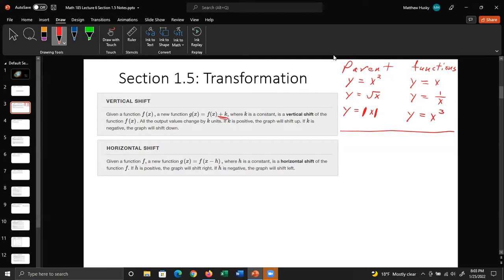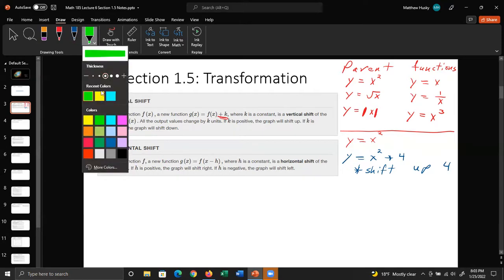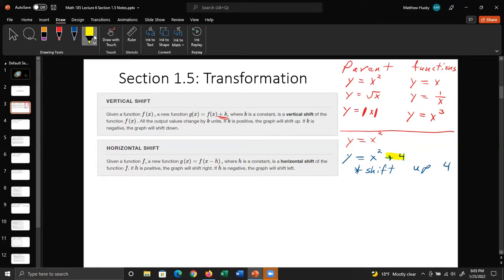So for instance, if I told you that the parent was x squared, then if I gave you the graph or the equation y equals x squared plus 4, what that does is it'll just shift the graph up 4, because the plus 4 in the formula is moving the graph up 4 spots.